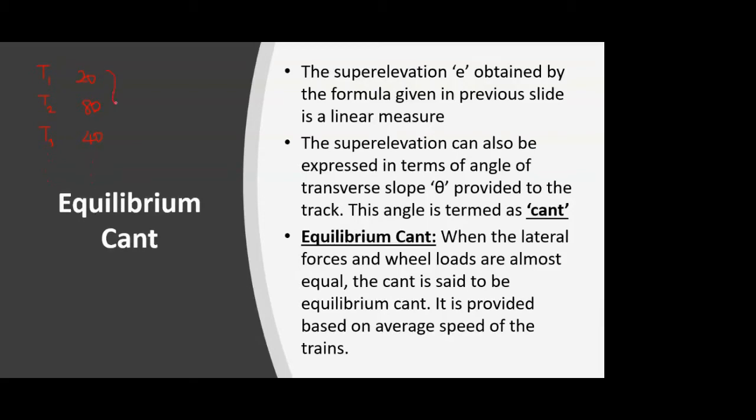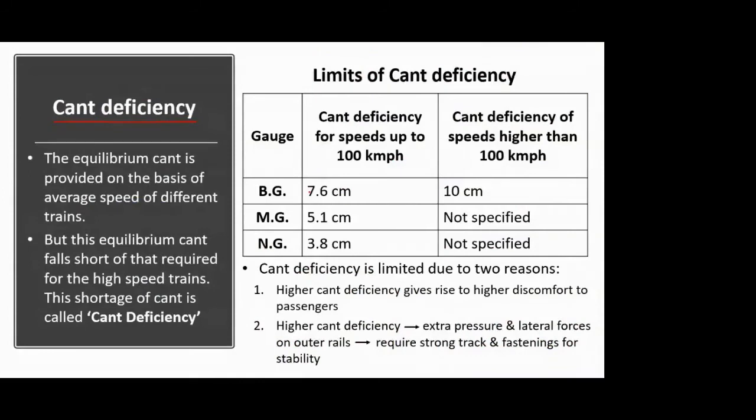So you find out the equilibrium speed for all these trains in your section, and then using that equilibrium speed, you find out the equilibrium Cant. That equilibrium Cant will be nothing but again a superelevation, but with some different value, which is not directly the value that you get if you input these speed values. So that is equilibrium Cant.